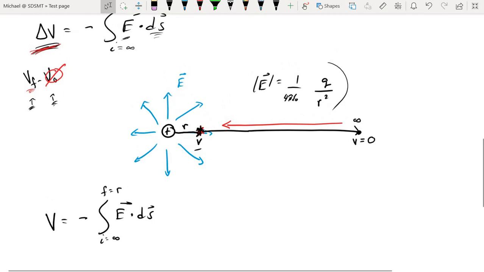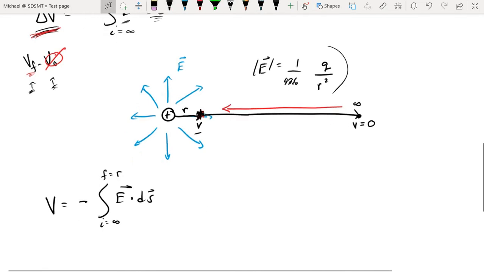Okay, so our potential at the point in space R is going to be the integral from infinity to R of our electric field as we move through space.